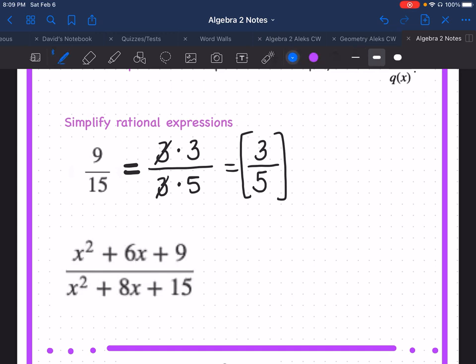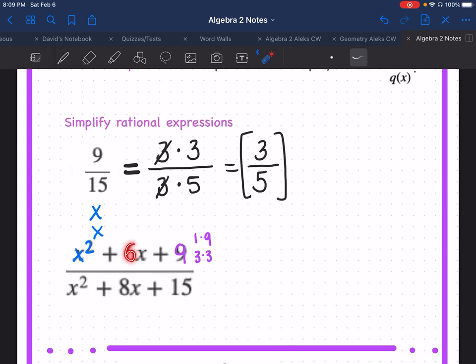So remember, my quick little trick said we're going to take a look at the x squared term, and we're going to think x squared would be x times x. And then we're going to take a look at the c term, the 9, and we need to think of it as, well, it could be 1 times 9, or it could be 3 times 3. We're going to take a look at the middle term, the b term, and we're going to say, well, I need 6.